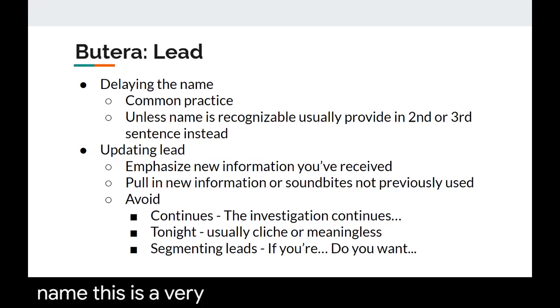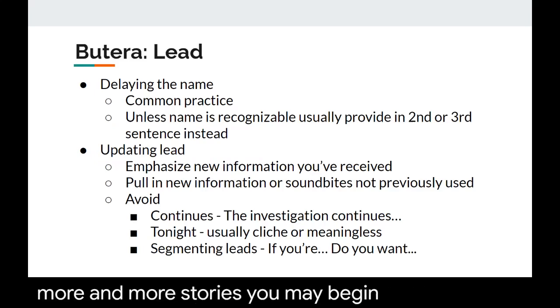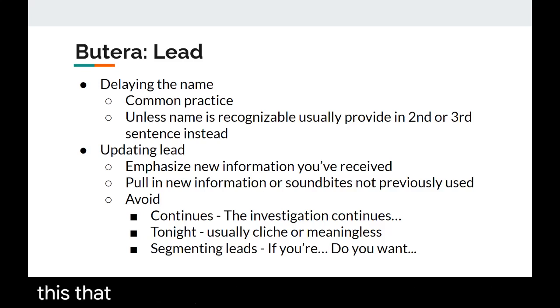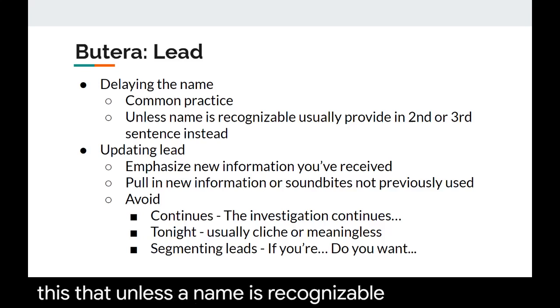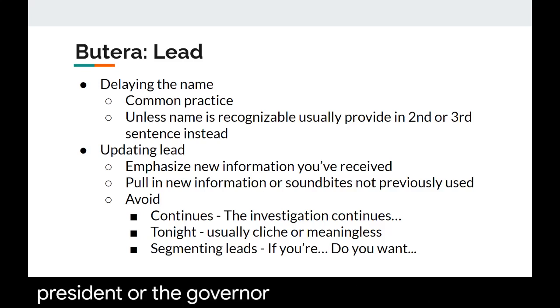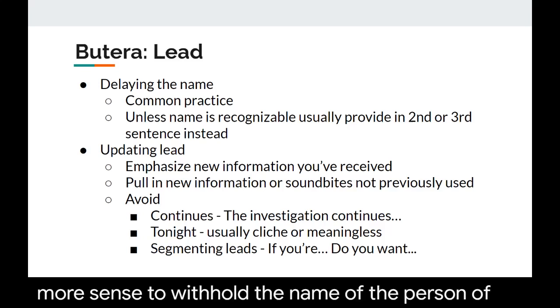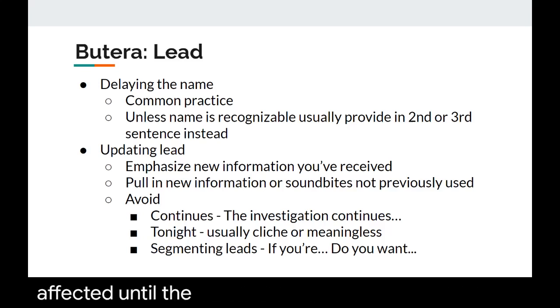This is a very common practice. As you watch more and more stories, you may begin to recognize this: unless a name is recognizable, like the president or the governor or a celebrity, it makes more sense to withhold the name of the person affected until the second or third sentence used.